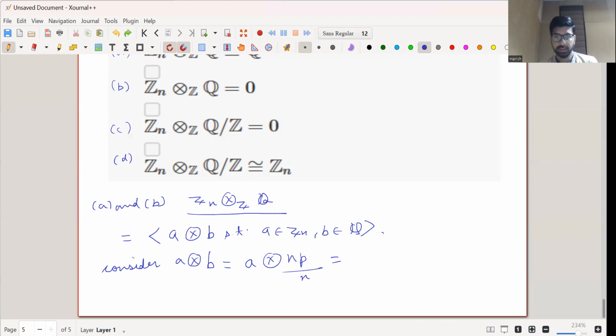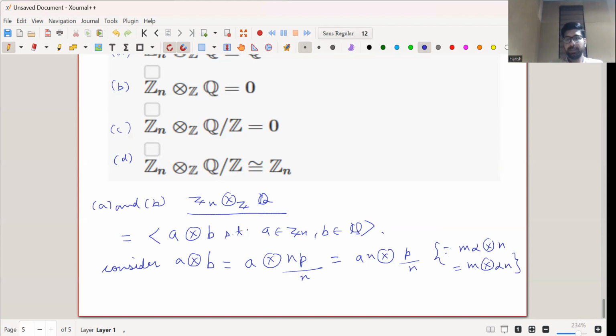So this is An tensor with B over n. Why is it so? Since m alpha tensor n is equal to m tensor alpha n. So this order matters. Here alpha I am writing after m, and here alpha I am writing before n. Because in Z it is okay. But if you define arbitrary R modules, then you choose m to be a right R module and n to be a left R module.